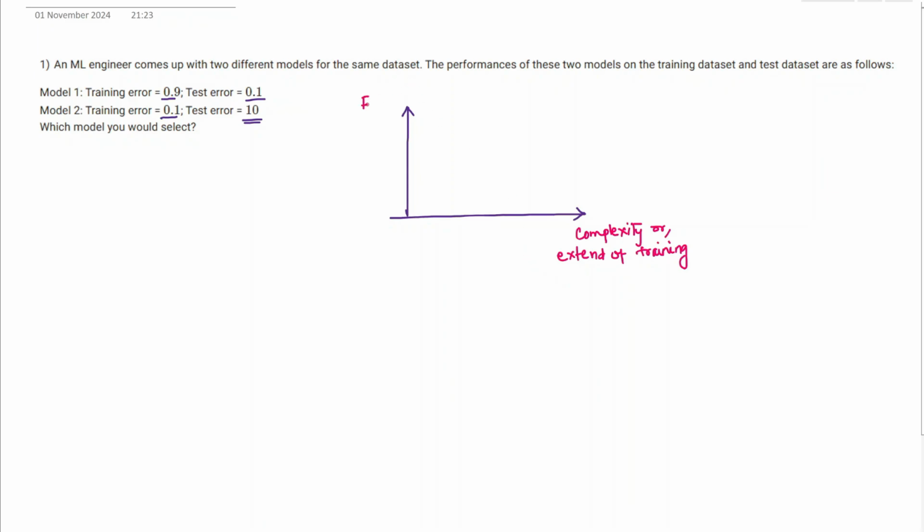And on the y-axis we have the error. Then this particular line represents the training error. And the training error always decreases when you increase the complexity of the model. And let this line represent the test error.